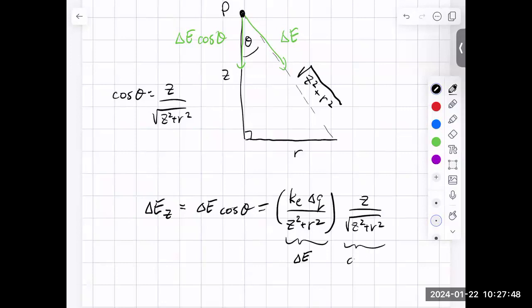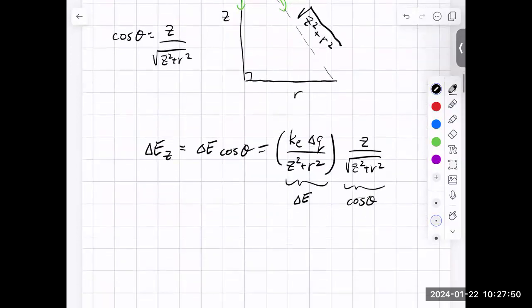This is our cos theta factor. So our delta E z component is going to be Coulomb's constant times delta Q times z divided by z squared plus r squared to the 3/2 power.